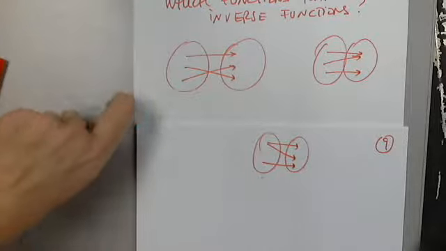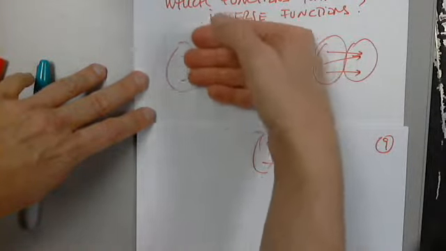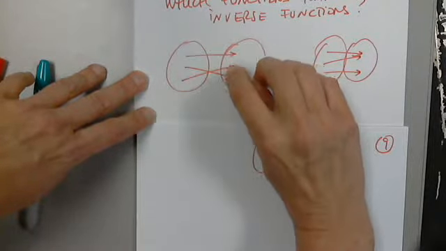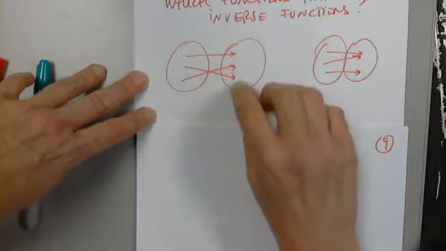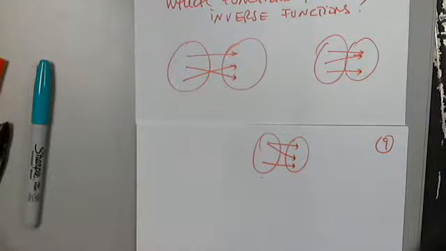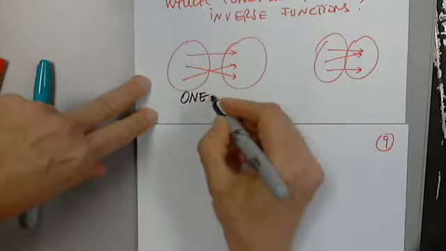Yes. Now the question is, if I decide to go backwards, can I create a function? This x corresponds to only one y, this x corresponds to only one y, and this x corresponds to only one y. So this is a function with a very special property. The very special property is called one-to-one.